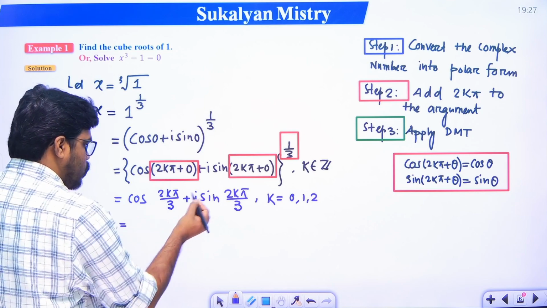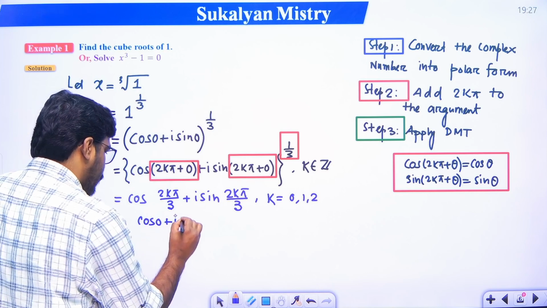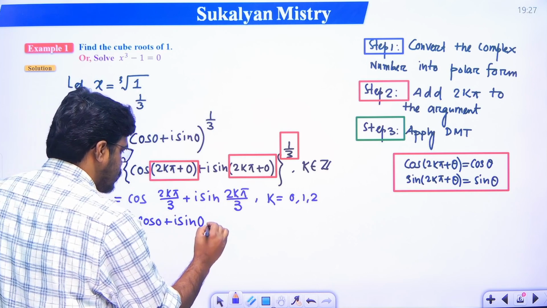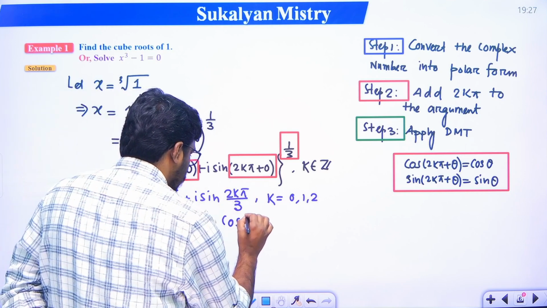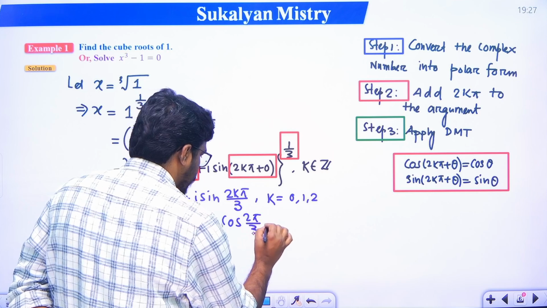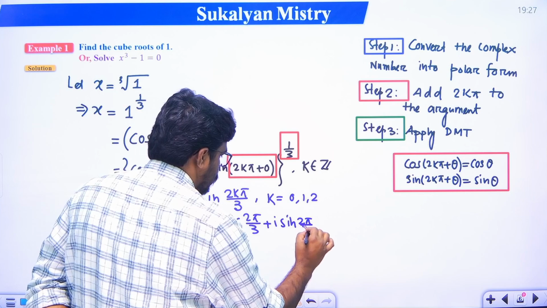Okay, so when k is equal to 0, that is cos 0 plus i sin 0. When k is equal to 1, that is cos 2 pi by 3 plus i sin 2 pi by 3.